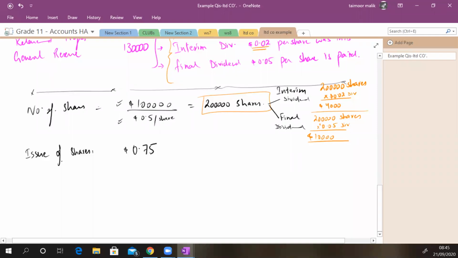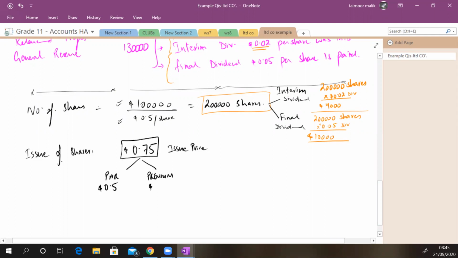0.75, ठीक है, is your issue price. इसमें से par कितनी थी? Par value 0.5. बाकी प्रीमियम कितना होगा? कितना होगा बोलो भाई, कितना प्रीमियम होगा? So 0.25.